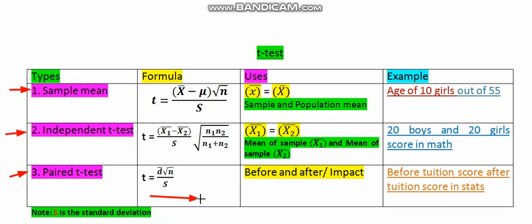So what happens if, due to any activity, maybe coaching, just like I said, or medicine, after we take it, is there any change in the mean values or not? So always remember, the different t-tests that we do are always used to check the mean values.